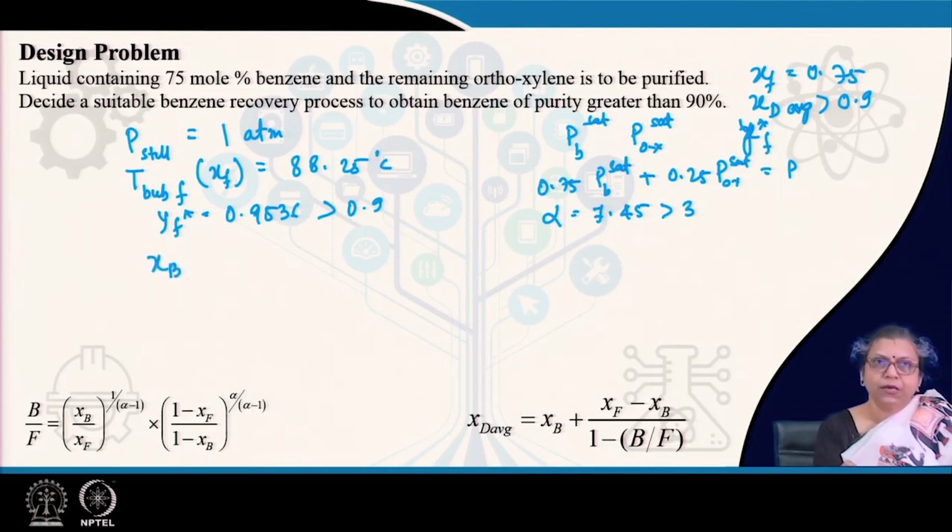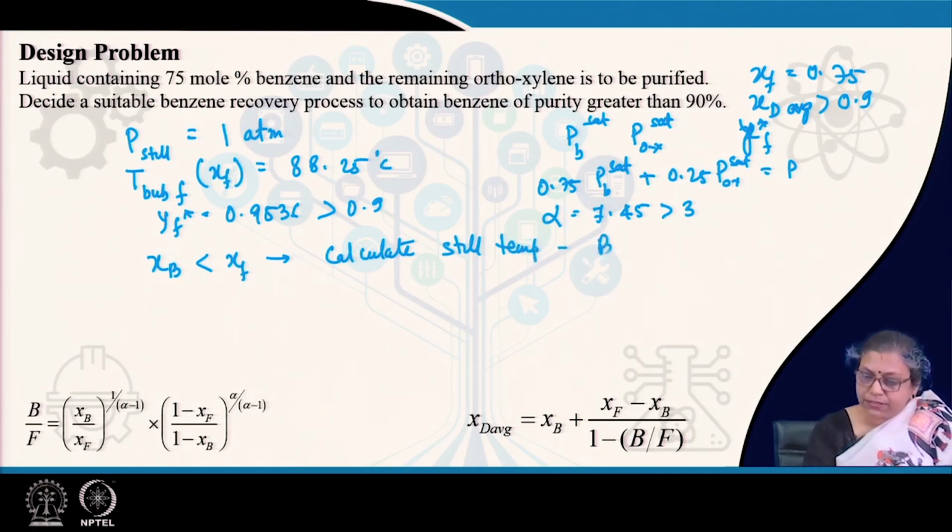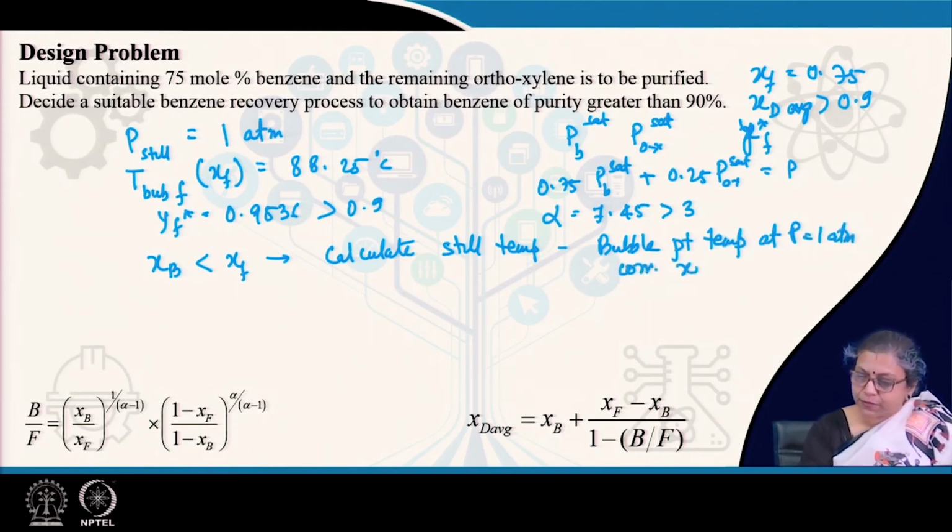Initially, we assume some particular xb, which is less than xf. Corresponding to that xb, we calculate the still temperature. What is the still temperature? It is the bubble point temperature at P equals 1 atmosphere, corresponding to xb.